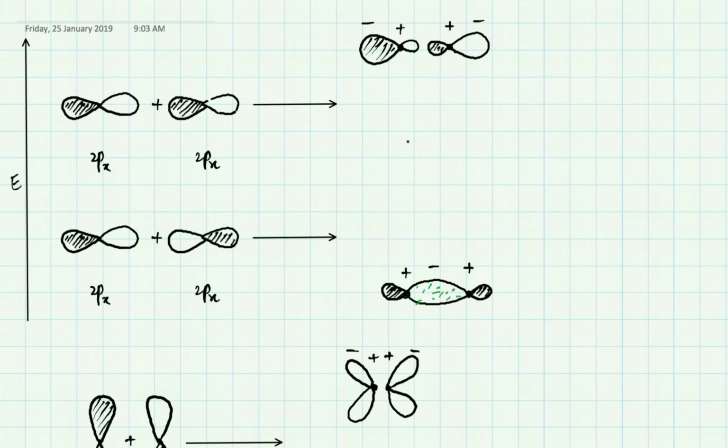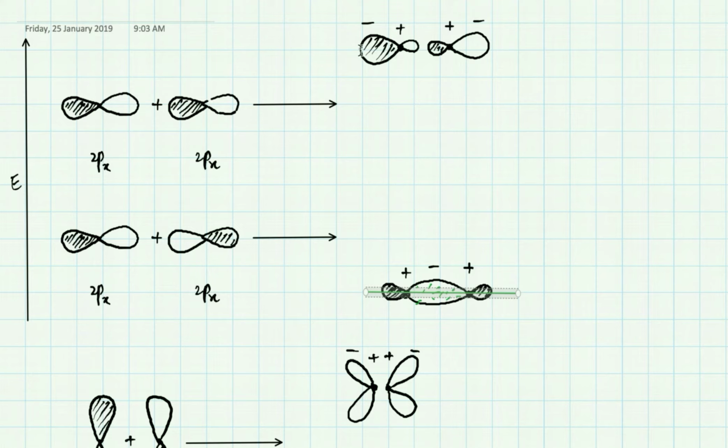Now these two molecular orbitals that were formed as a result of combination of the px orbitals have electron density symmetrical about the line that is joining the nuclei. So we say that it has sigma symmetry.